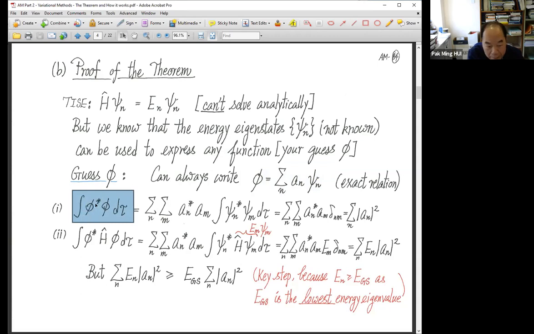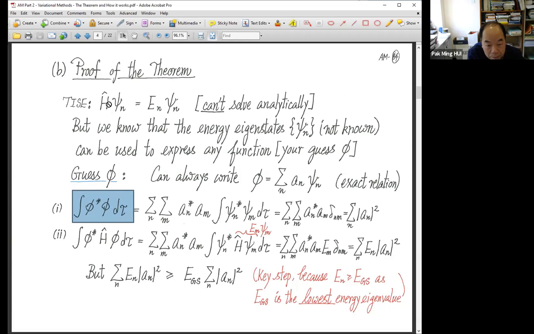So I can plug in the expansion in two places, phi star and phi. Phi star will be sum n, an star, phi n star. I'm making use of this expansion. The other phi will be sum m, am, phi m. Integration.